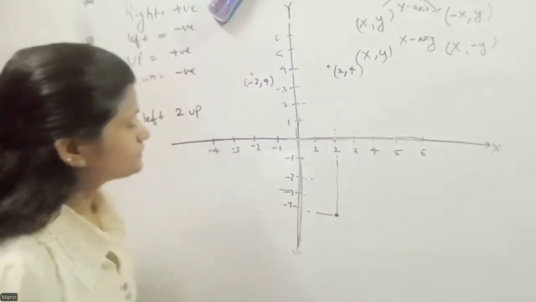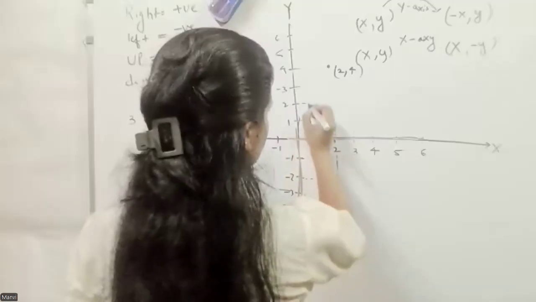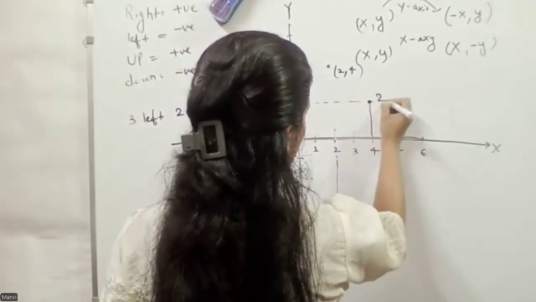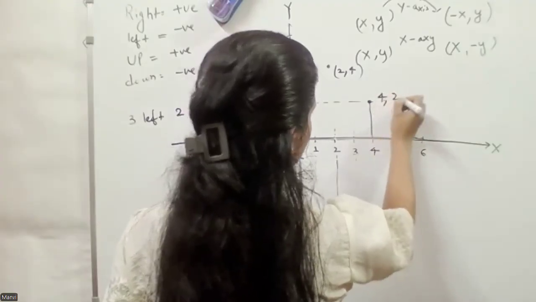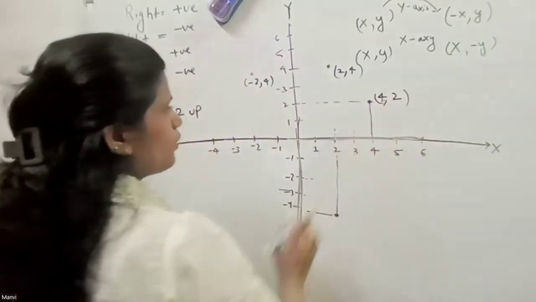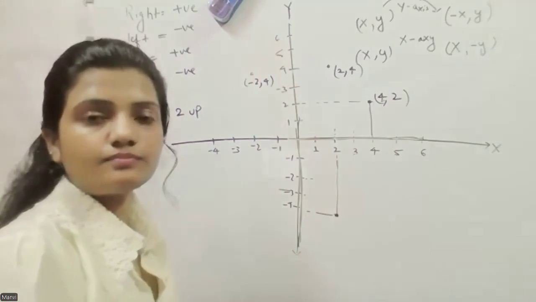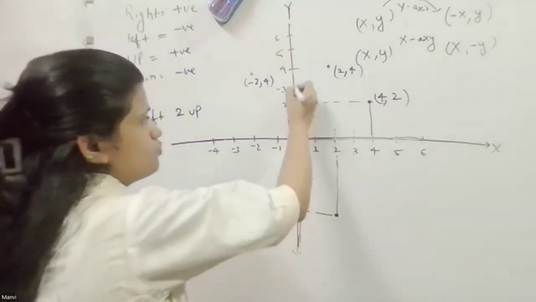One another question. Now we have this point, 4, comma 2. Reflect this point in the y-axis. Which one? It is the bottom one. Yeah, this y-axis.